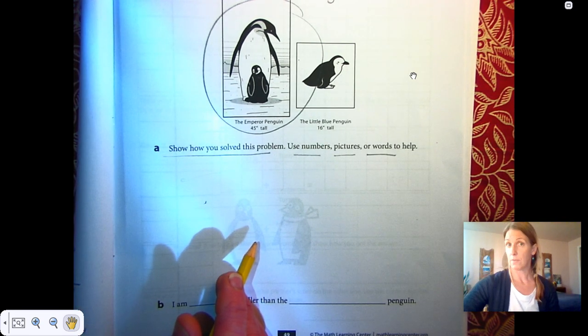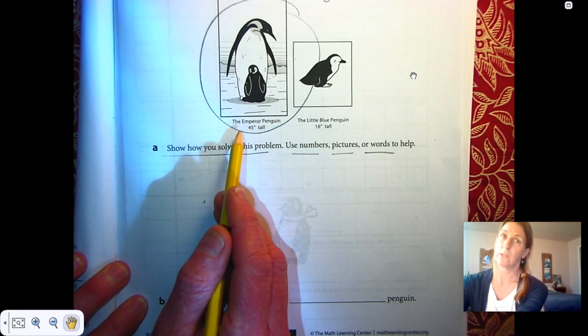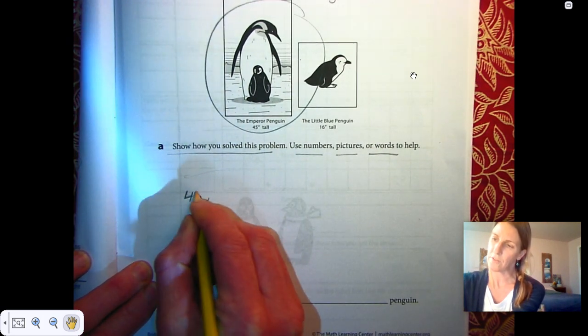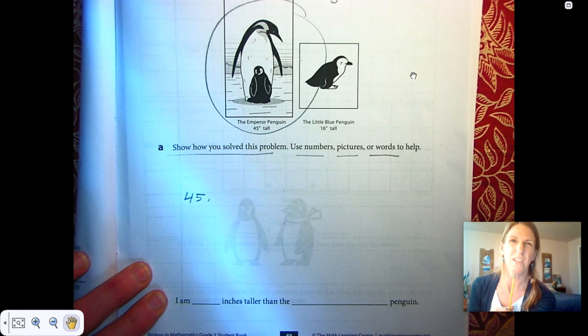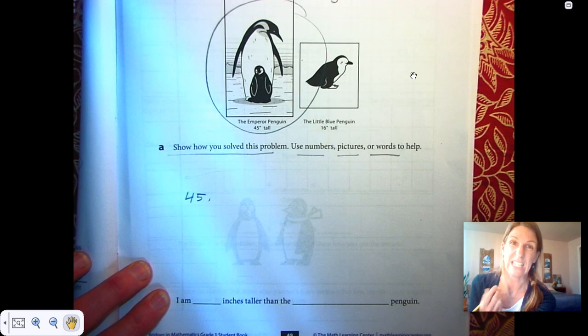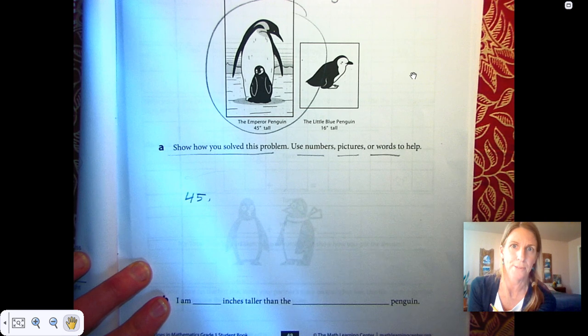If I were to solve this problem just the way my brain works, I would start with the emperor penguin's height, because that's what I'm comparing myself to, and I know it's 45, and I'd think back to my height, and I didn't write it down on the other page, but I remember that my height is 68. So I'm going to try to get from 45 to 68. I'm going to count by tens because that's easy for me.